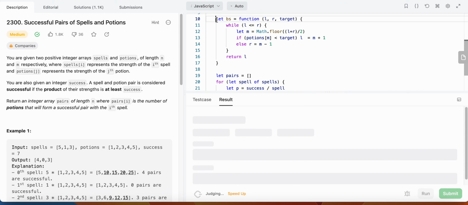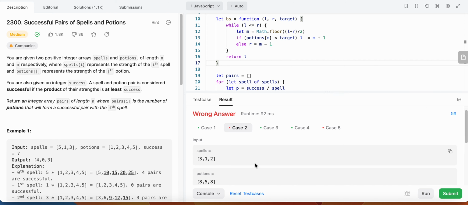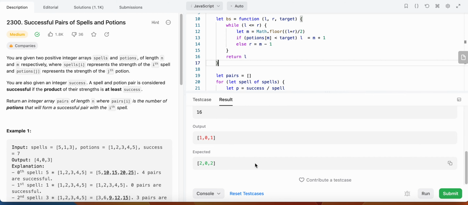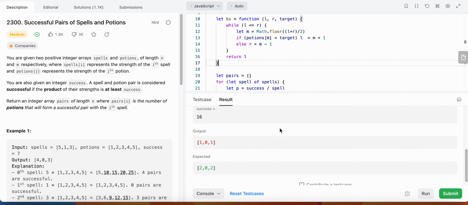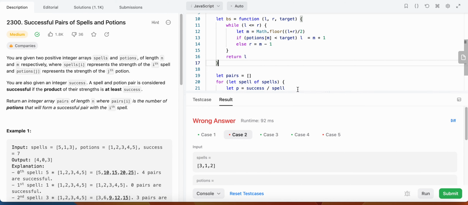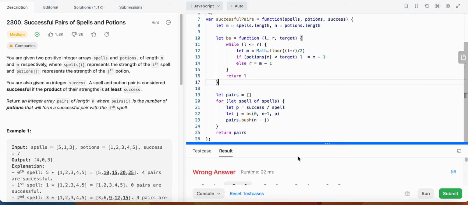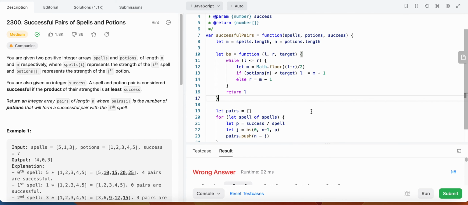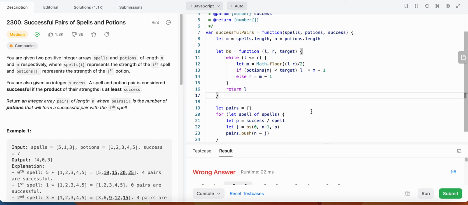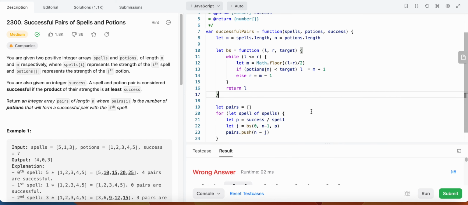Okay, there is some problem here. So what went wrong? Let's see. Since we are not using this anywhere, let's remove that.